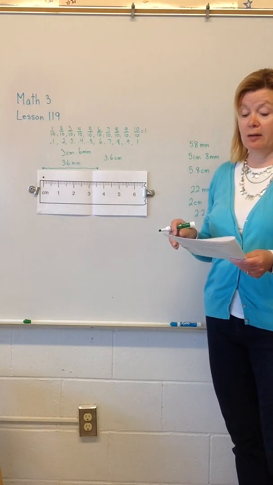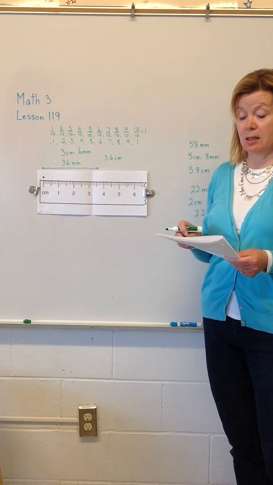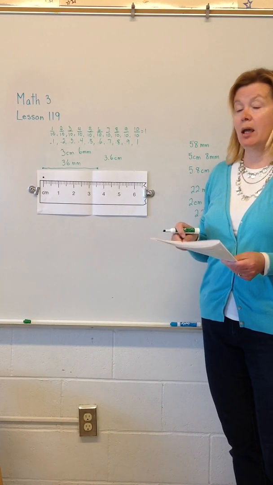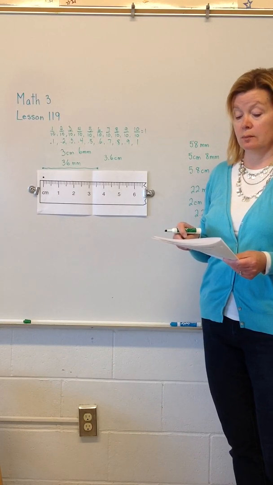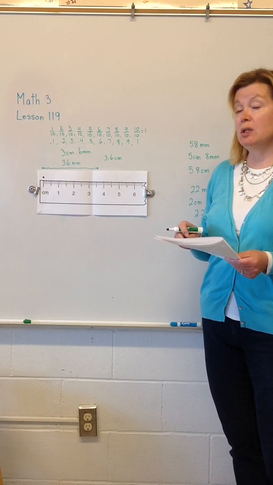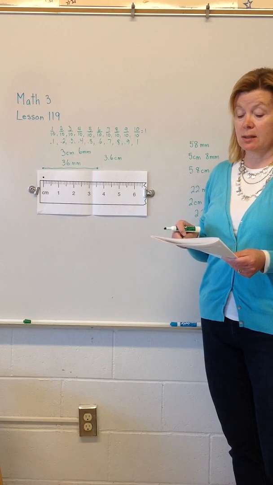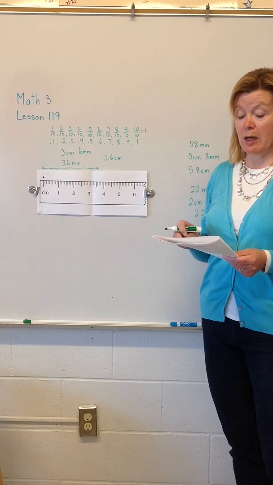Okay, you have boxes 5, 6, 7, 8, 9, and 10 to do. For 5, 6, 7, 8, you need to draw your line segments, and you have that ruler there to help you on each of those boxes.